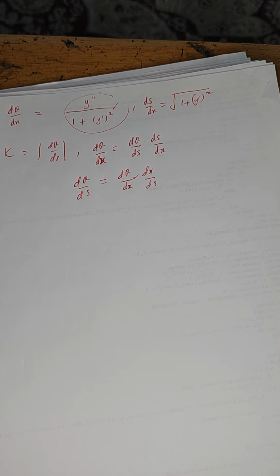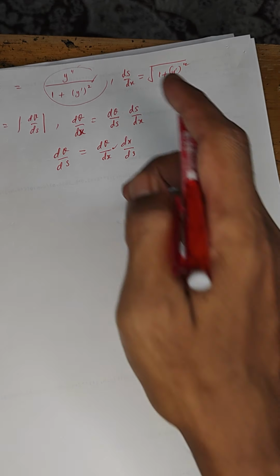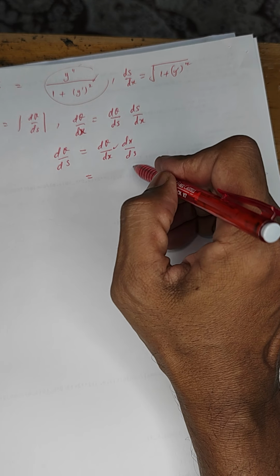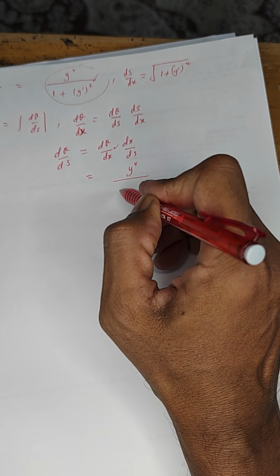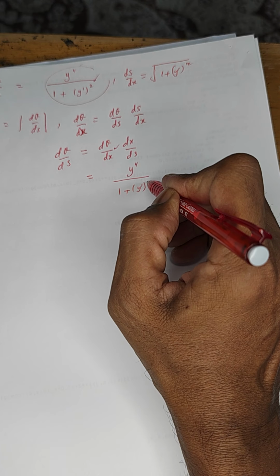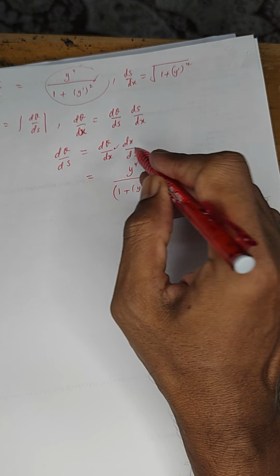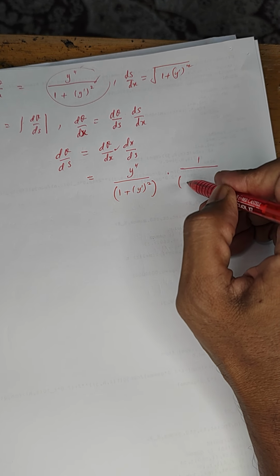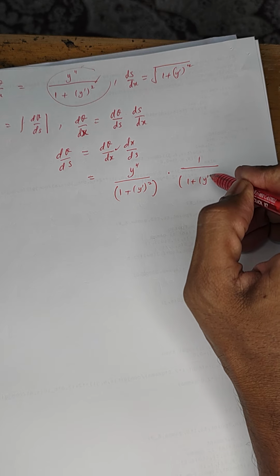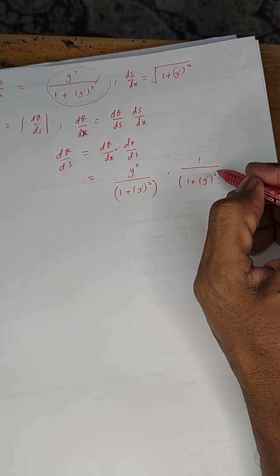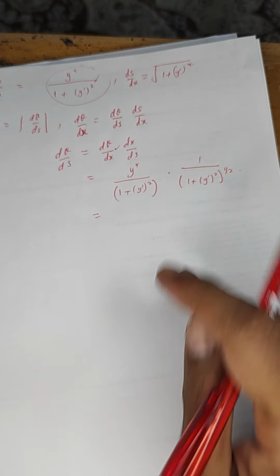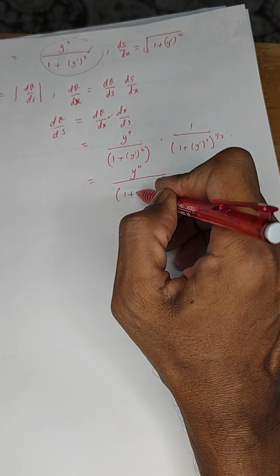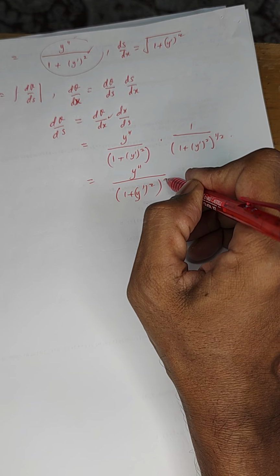Now if you substitute into that, this is d theta dx, so we have y double prime over 1 plus y prime squared, and dx ds is 1 over 1 plus y prime squared to the half. That gives you y double prime over 1 plus y prime squared to the 3 over 2.